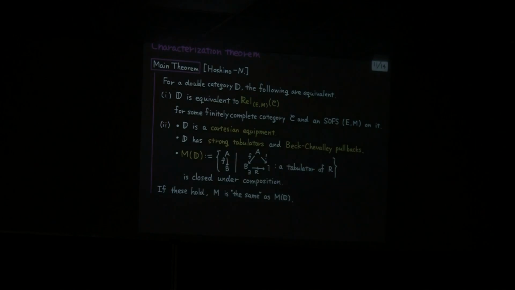For the construction on C, it's any category C with an orthogonal factorization system, as it's called. Is there any condition on C other than being finitely complete? It's completely general. The last picture, yes.